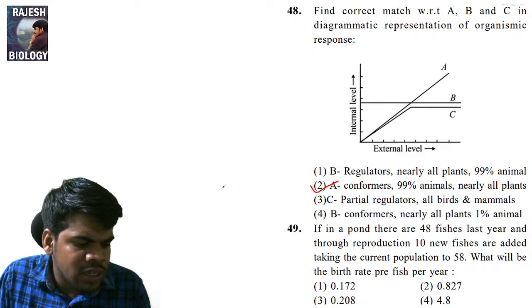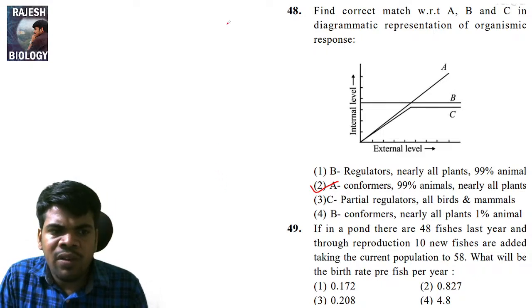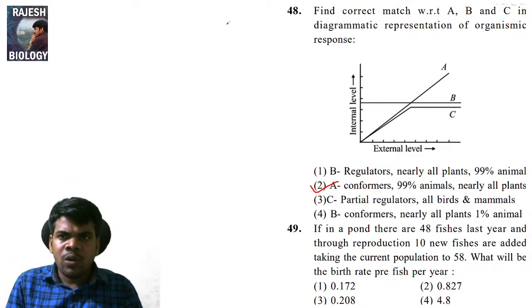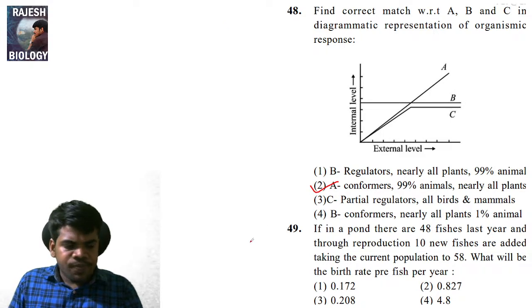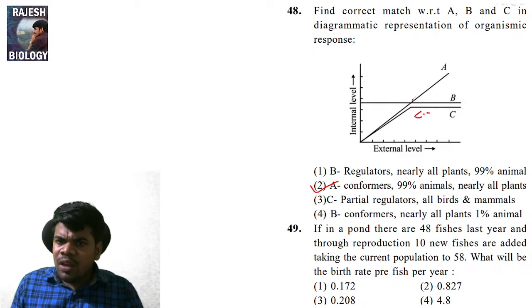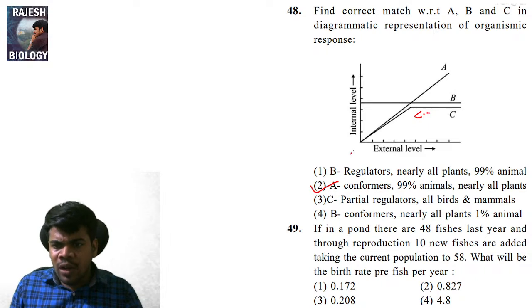And all the plants are conformers only. They don't have a great physiological adaptation to regulate the body temperature. As a partial conformer example, we can observe camels and very few animals like that. The remaining are all conformers only. Very few, like mammals and birds, are regulators.